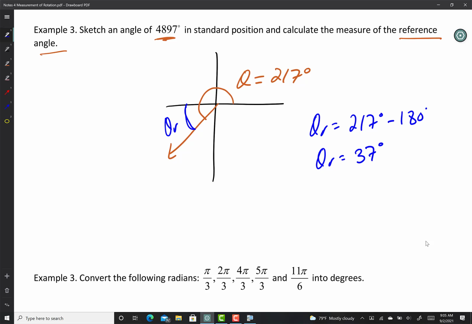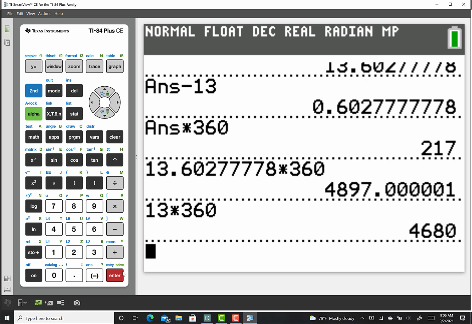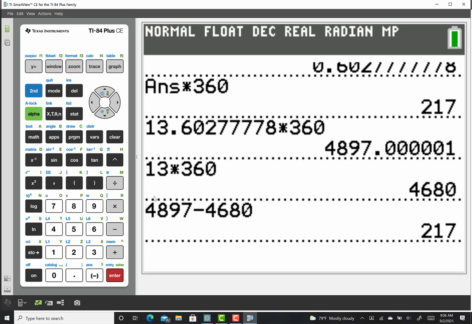Yeah, you can do that. 13 times 360 is 4680, and then she subtracted 4680 from 4897. And that's going to give you that number. Yeah, that's fine. It's the same. Whatever you find easier. You understand the logic, so you're good.